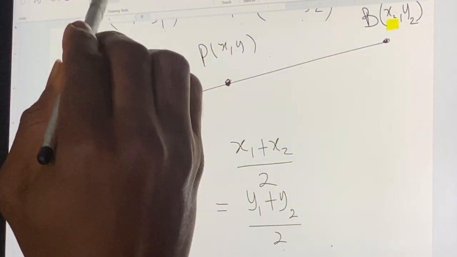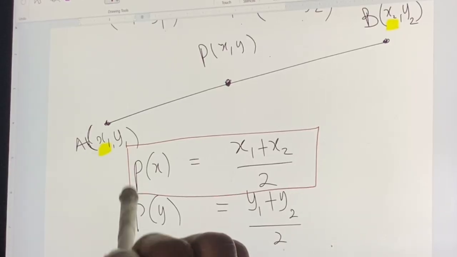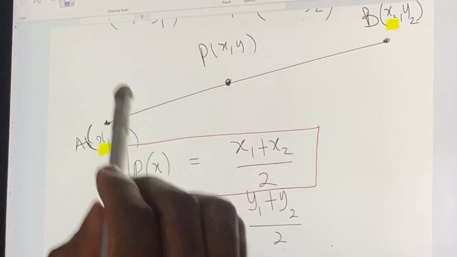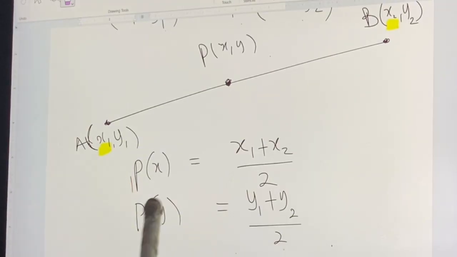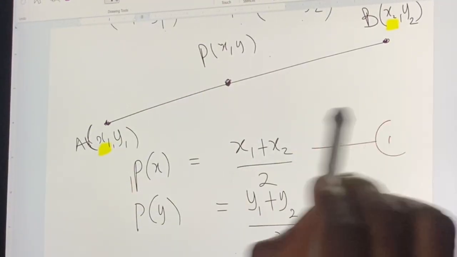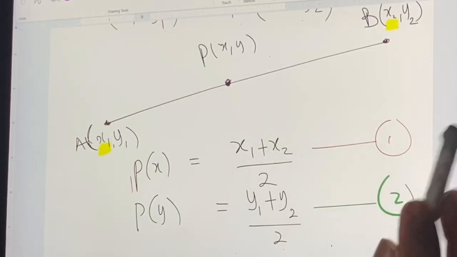So class, this is the formula for midpoint for x, and this is the formula for midpoint for y. Please take note.